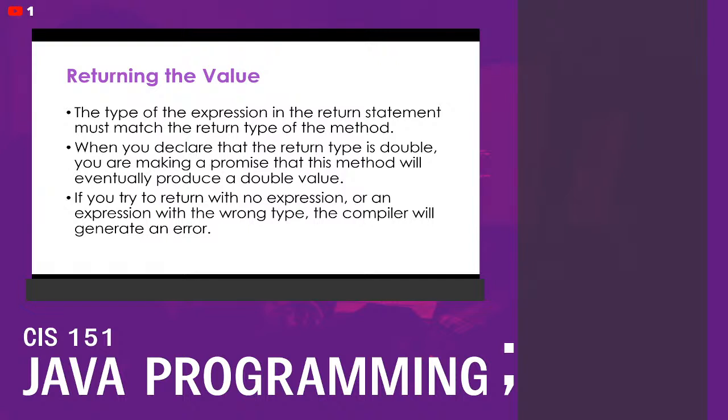This is the type of value that you're going to find, and so it's the type of value you're going to expect to see on the other end.